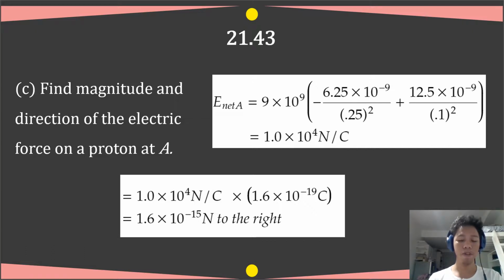By doing that, we get 1.6 times 10 raised to negative 15 newtons, and it goes to the right because the attraction force of the charge on the right side of the proton is greater than the attraction force produced by the charge at the left side of the proton.